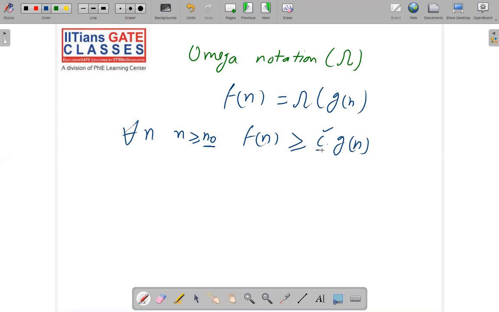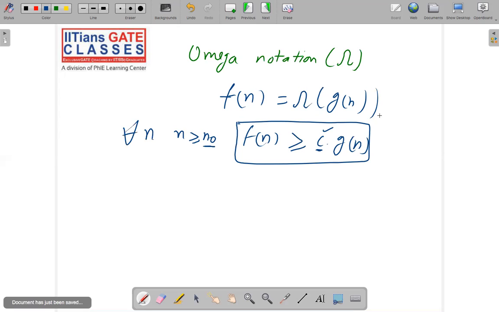Here n0 and C are constants. If Fn is greater than or equal to Cgn, then we can say that Fn equal to omega of Gn. In layman's language, you can say that Fn will always be greater than or equal to Gn.